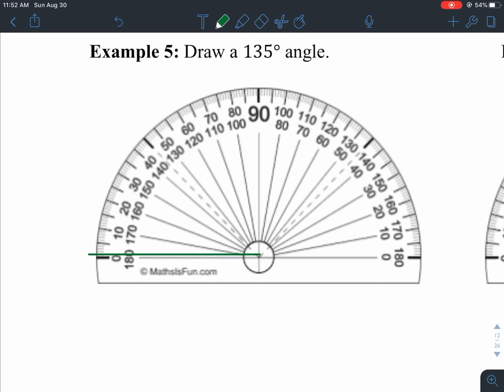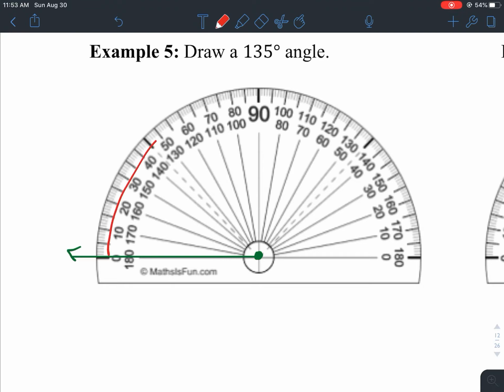So let's say you have your ray down here lined up with 0. The vertex is at the center of the protractor. And then you would see where the other ray intersects, and you find 135.